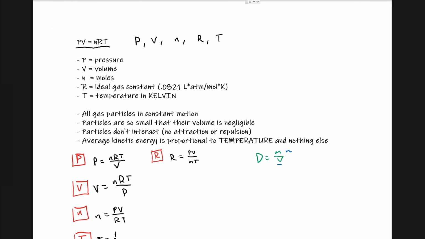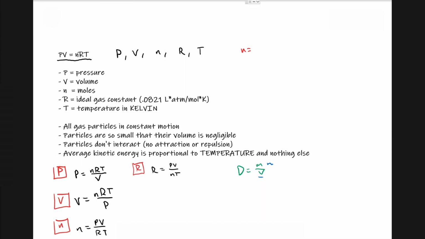Well, we know that number of moles is equal to the mass of the substance that you have divided by the molar mass of that substance. So if we were to just substitute m over mm into the ideal gas law, we would have PV equals, and I'm going to change this just for a little bit more clarity, grams over molar mass, and obviously grams is usually equal to our mass.